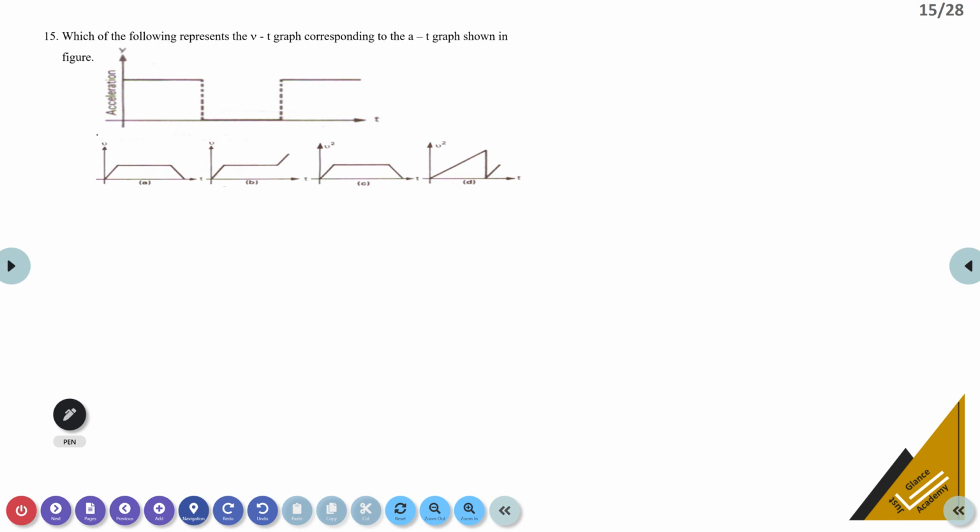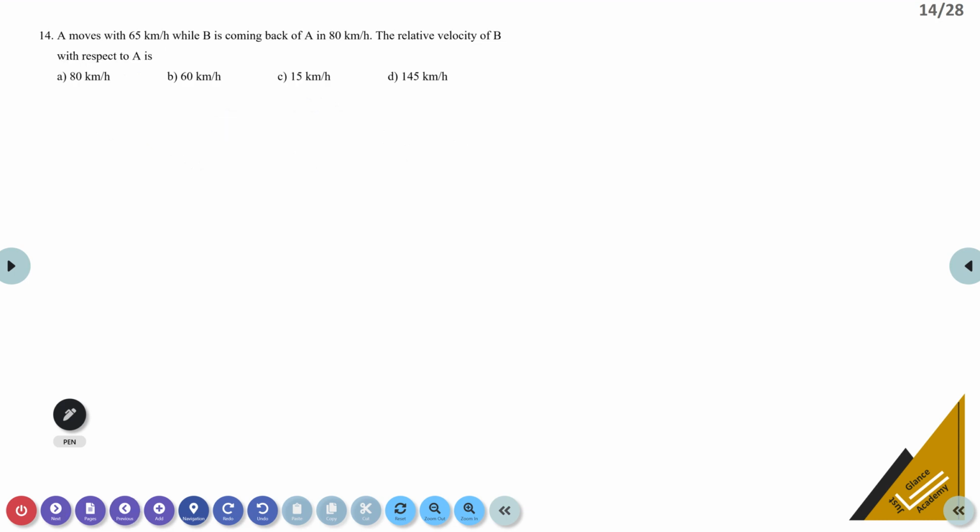Which of the following represents, oh, 14th I left it. A moves with 65 km per hour while B is coming back to A at 80 km per hour. The relative velocity of B with respect to A is. You should read it like that.